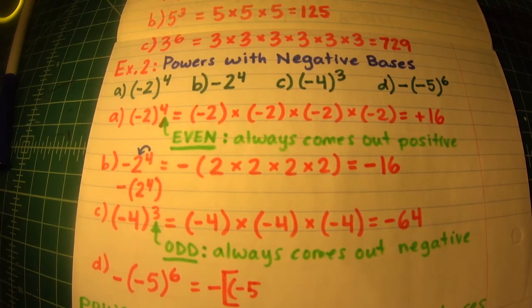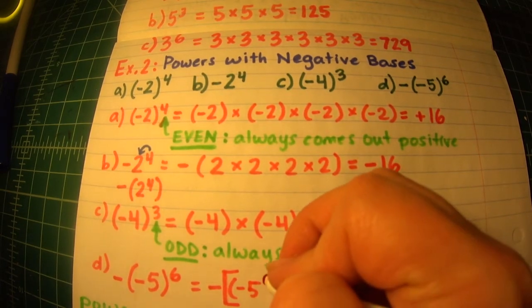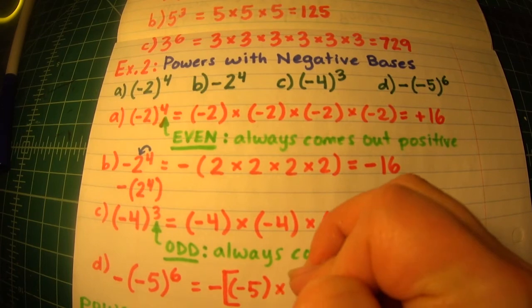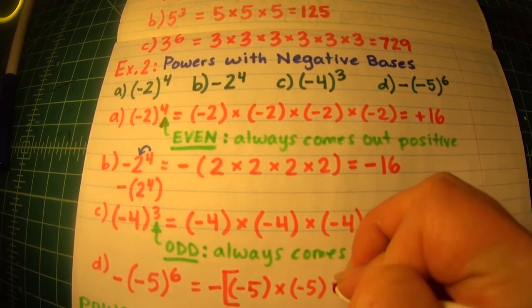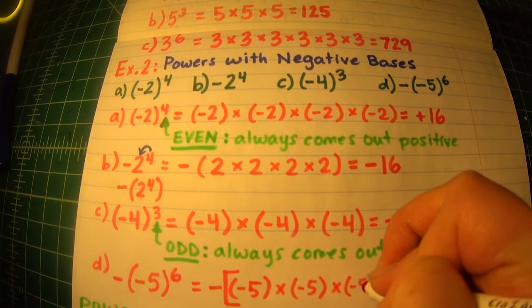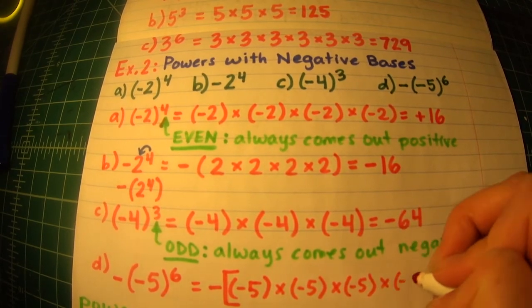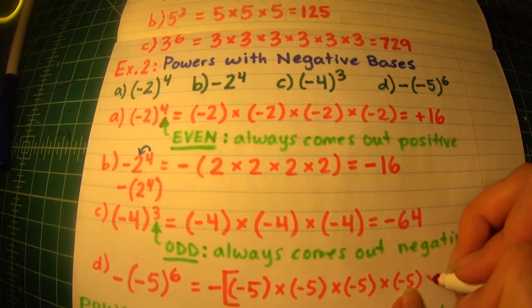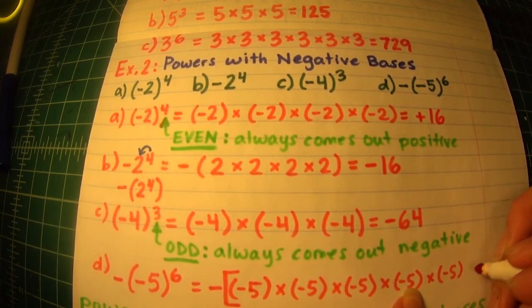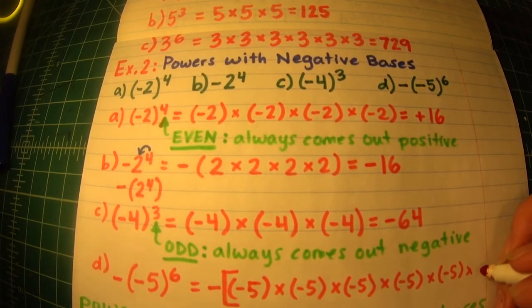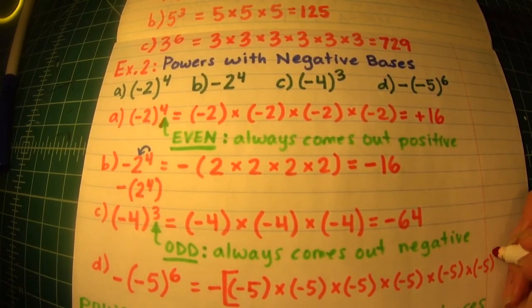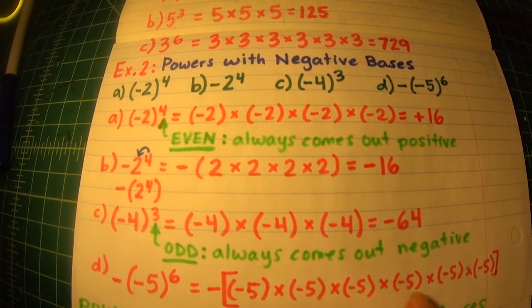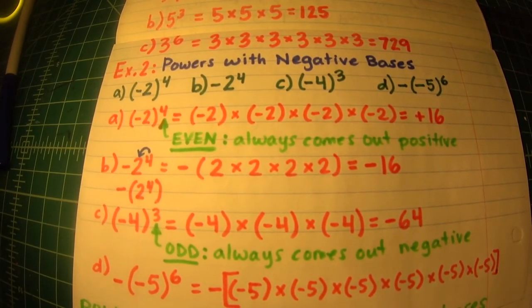So we've got -5 times -5 times -5 times -5, 1, 2, 3, 4 times -5 times -5. 1, 2, 3, 4, 5, 6.